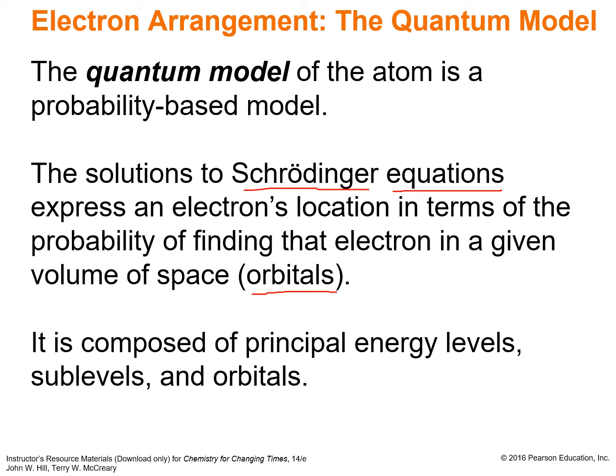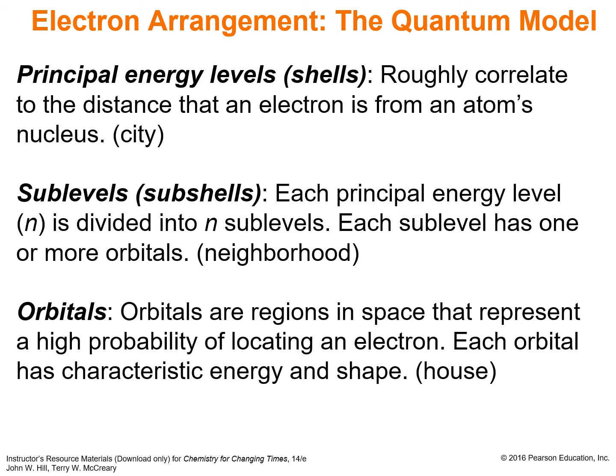Okay, so according to the quantum model, the three things that you need to know now, so you do need to know these things. So it's composed of principal energy levels, something called as sublevels, and then orbitals. So let me explain each term to you now.